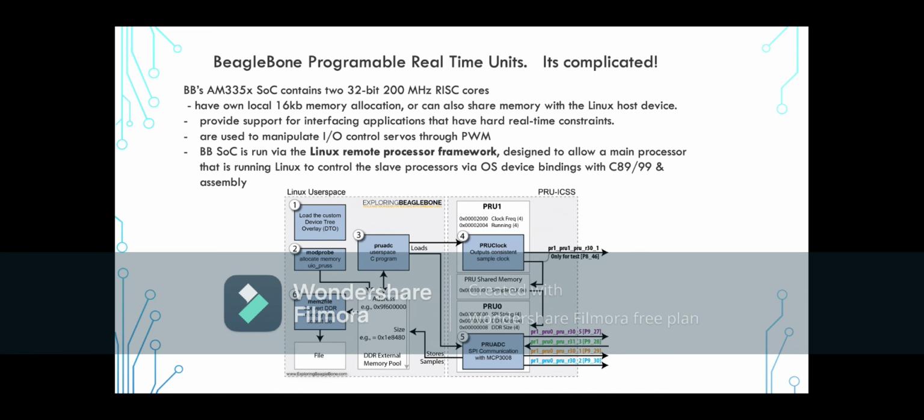They can use their own memory allocation, but they can also share memory with a host device. They provide support for interface applications that have hard real-time constraints. In this project I used them to manipulate input-output control of servos through PWM.